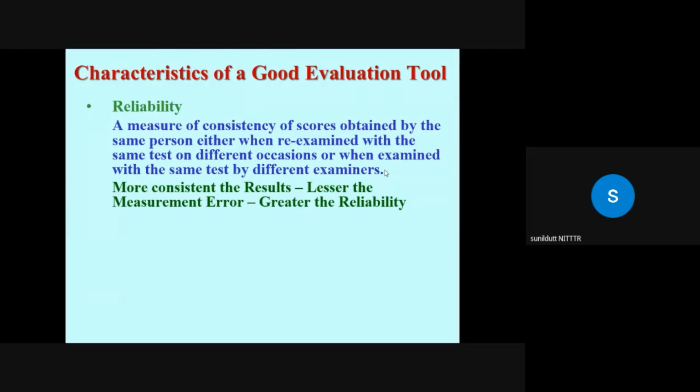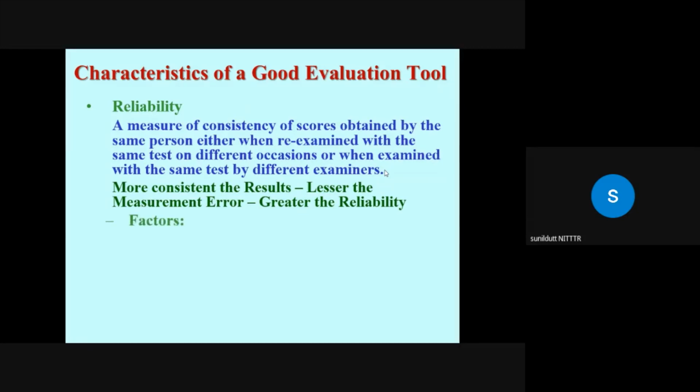On the other hand, highly consistent test results may be measuring the wrong thing or may be used in inappropriate ways. And reliability is primarily a statistical concept. So you can compute the coefficient of correlation between the two sets of scores and obtain the degree of relationship.